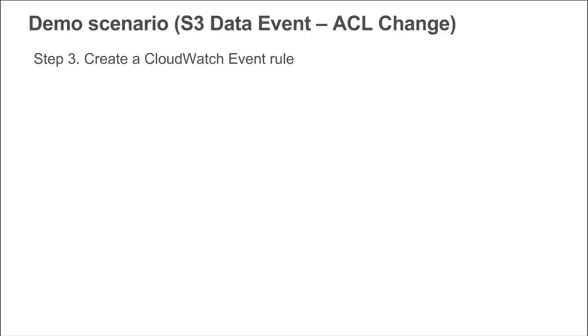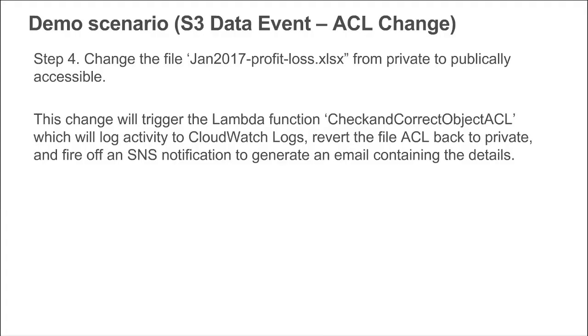So I just created a CloudWatch event rule. Now the next part is let me make some changes to a file or an object that is stored within that S3 bucket. So in this case, I'm going to use a file that's already private, and I'm going to change it to publicly accessible.